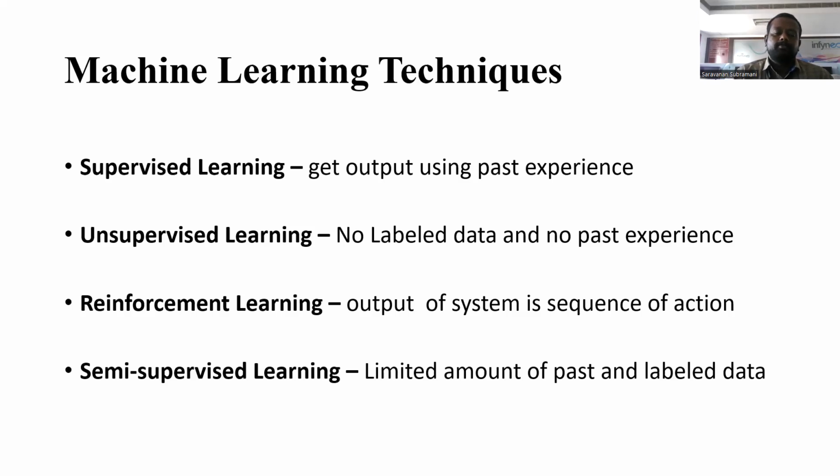In unsupervised learning, there is no information and no past experience, so it happens based on the current data. There is no labeled data and no past experience. It happens according to the current situations. The next one is reinforcement learning. The output of the system is a sequence of actions. Here the action happens based on the environment of the problem.